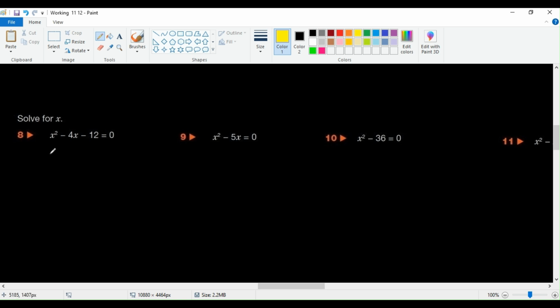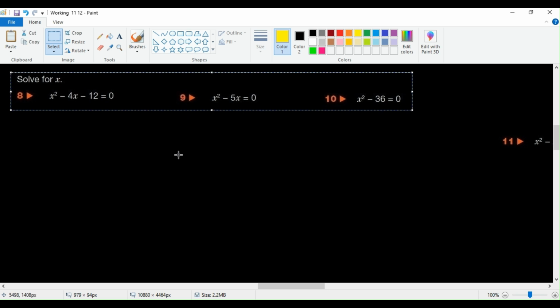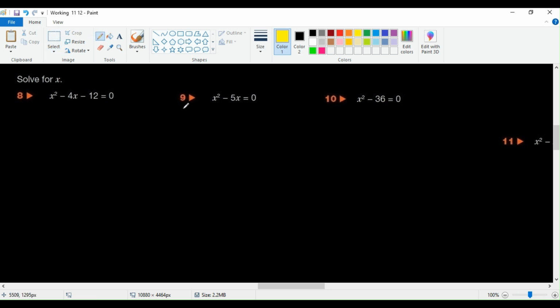In here we know very well 3 times 4 is a 12, and there are other options also to get a 12. To get a 12 we can get 6 times 2, and 6 minus 2 is a 4. So x squared minus 6x plus 2x minus 12 equals 0.